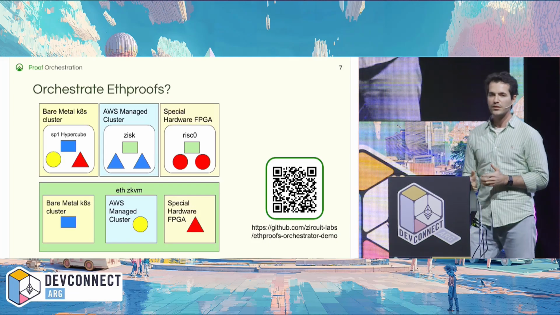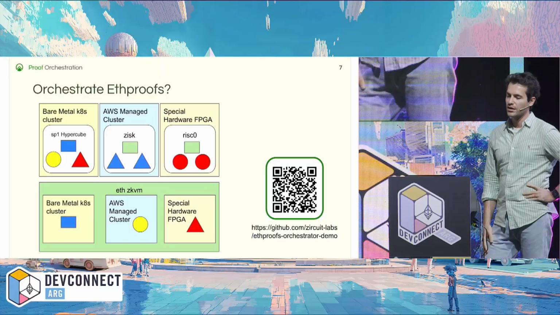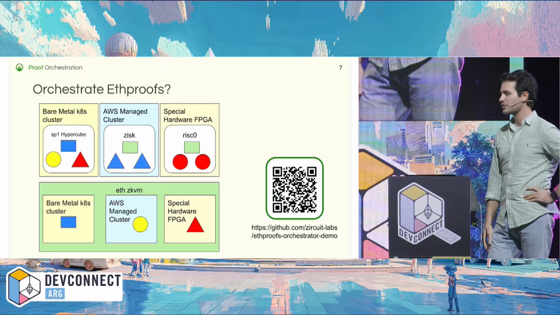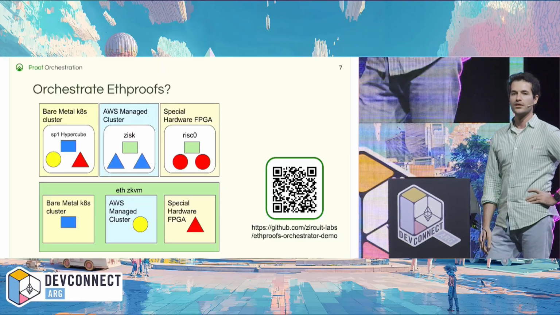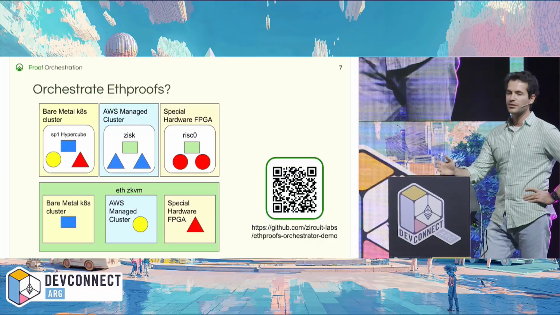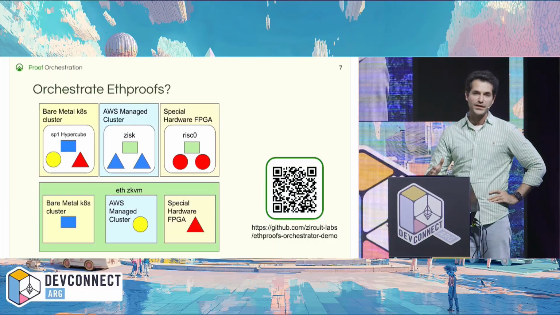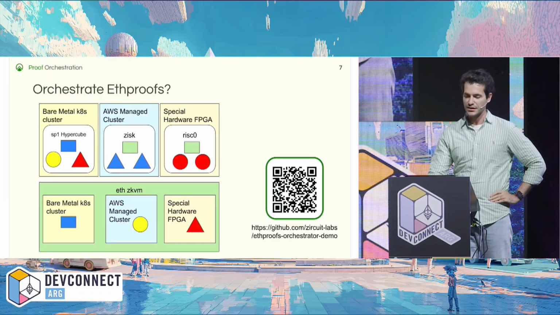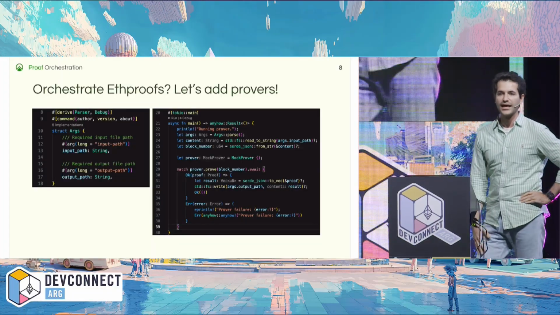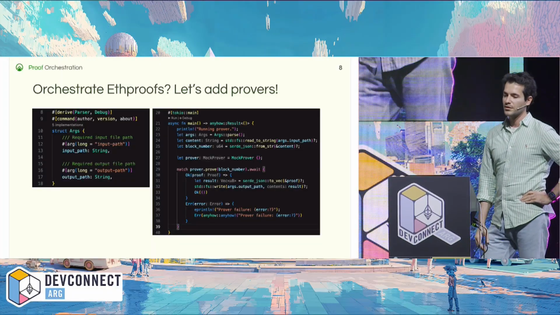So for this very example of ETH Proofs website, we have put together a demo. You can scan the QR code that you can see on the screen. This takes you to the orchestrator that we have put together, and you can see how the demo works. We haven't hooked it up with the provers in the background. It's just mock provers, but I'm going to show you how you can basically add any provers to this orchestrator that we have.